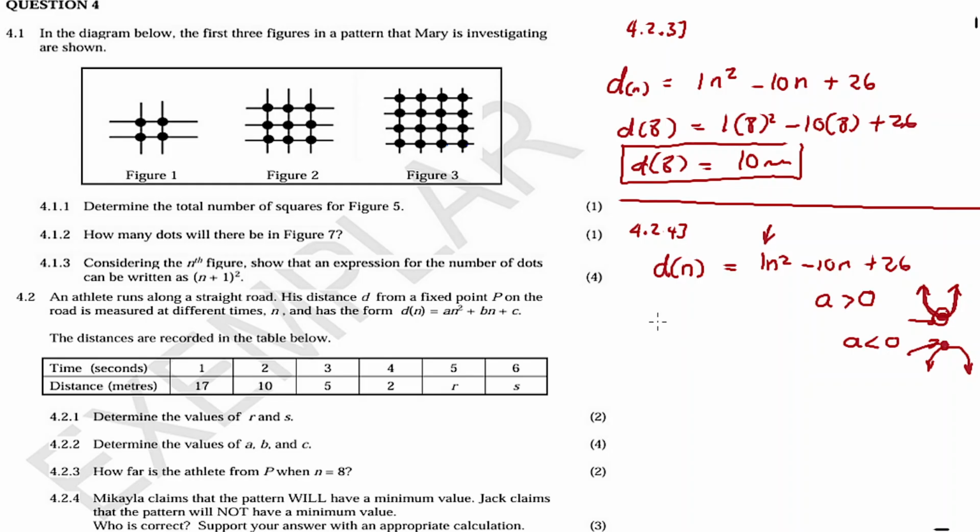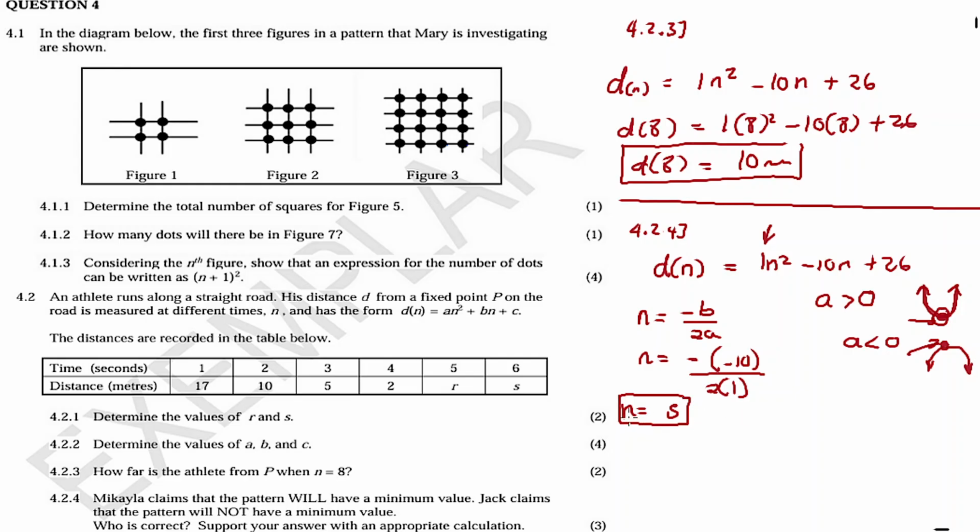So we're going to do this to prove it. n is equal to minus b over 2a. Basically what we do here is find the turning point. n is equal to minus b, where b is negative 10, divided by 2 times a, which is 1. The answer is n is equal to 5.